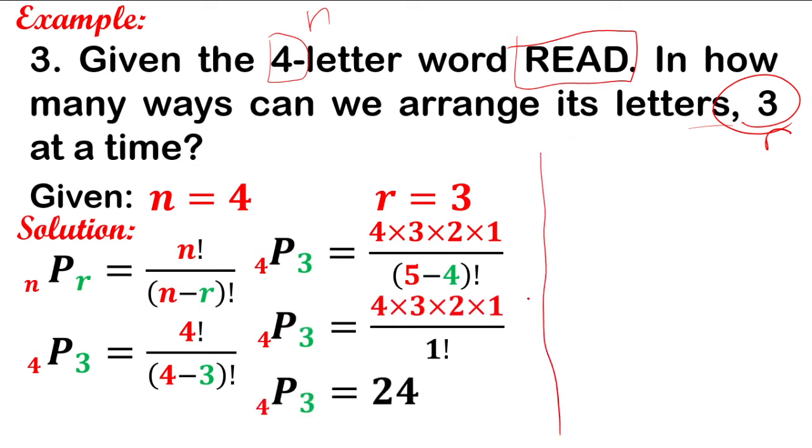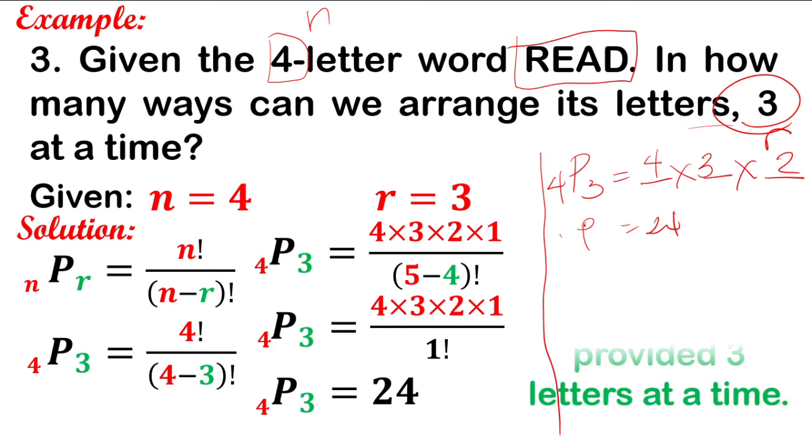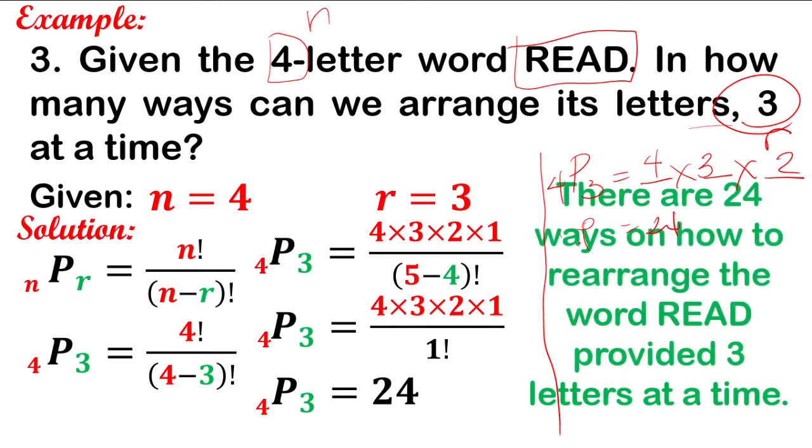So, kung fundamental counting technique ulit ang gagamitin, the permutation of 4 things taken 3 at a time is equal to ilan? 3 slots. And then, 4 pa yung choices mo, tapos naging 3 na lang, tapos naging 2 na lang. So, that is 24. Therefore, there are 24 ways on how to rearrange the word read provided 3 letters at a time.